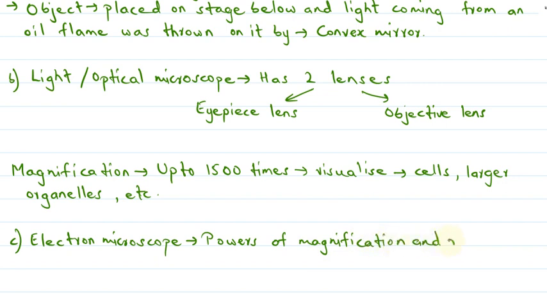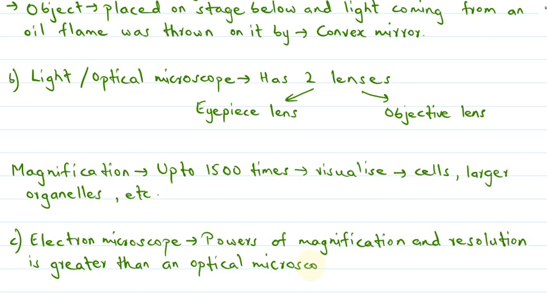The resolution of the electron microscope is greater than what? Than an optical microscope. Okay, so in this microscope, a beam of electrons, what happens here?